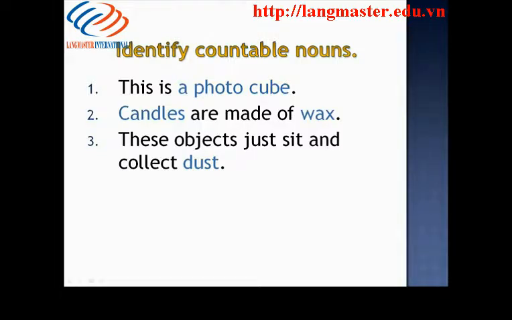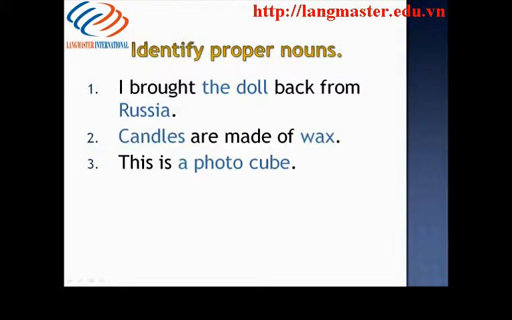Identify countable nouns. Of the 4 highlighted phrases, 2 give examples of countable nouns. A photo cube and a candle are countable nouns. Identify proper nouns. If you read the 3 statements and look at the highlighted phrases, you'll find only one example. The proper noun is Russia. It's written with the 0 article.